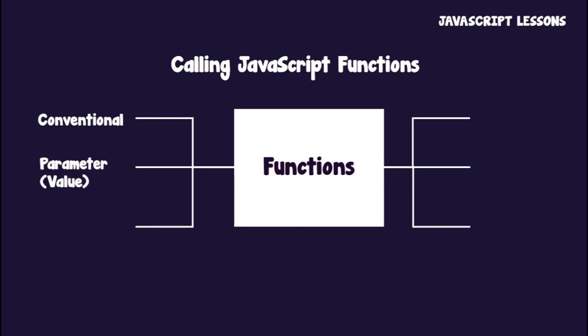Then we have functions that take in a particular parameter or value. This parameter or value can vary depending on different cases, and the output is usually also unique. And thirdly, we have functions that are called on a certain event.